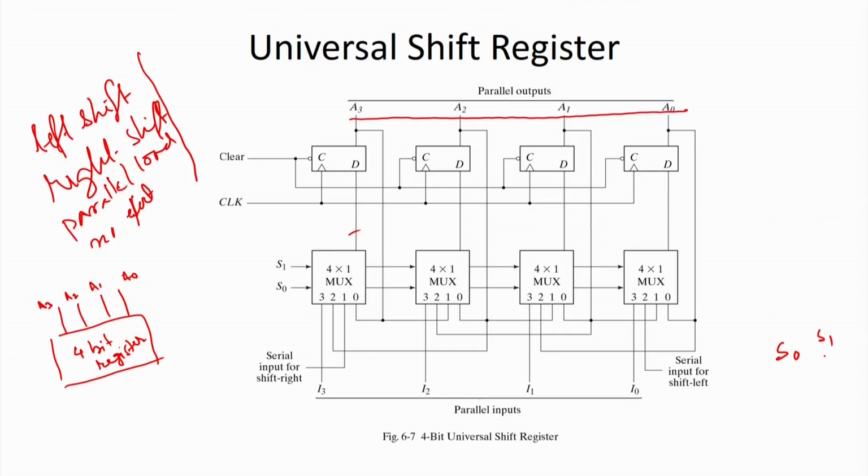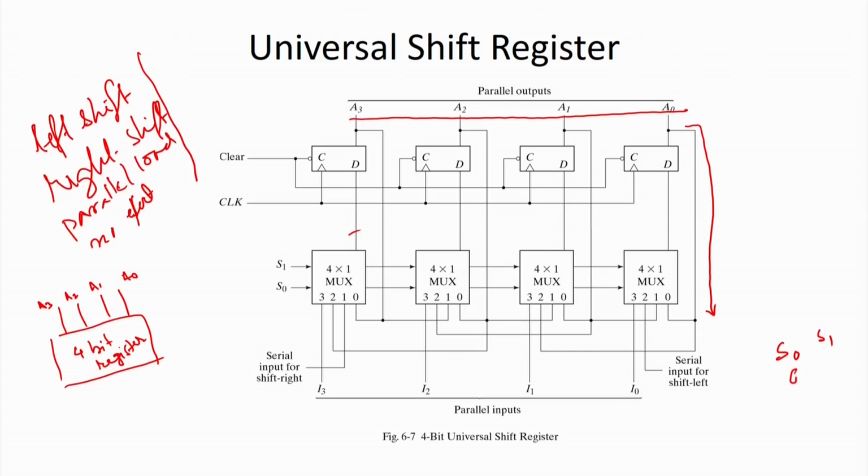Now, I am going to consider one particular input. You just see this particular signal. This output is directly connected to this input, so all the outputs are fed back.